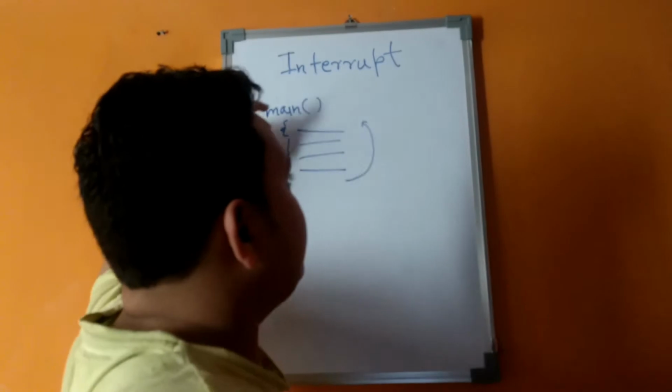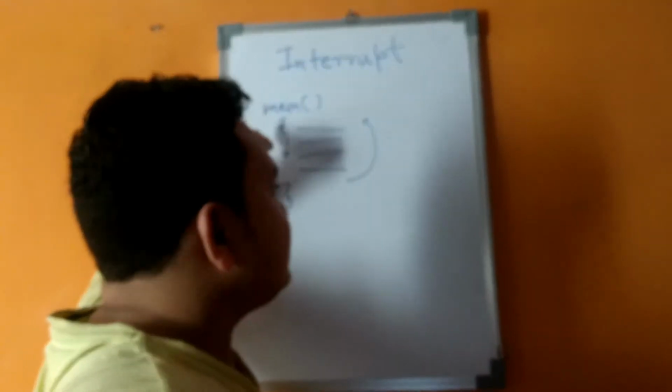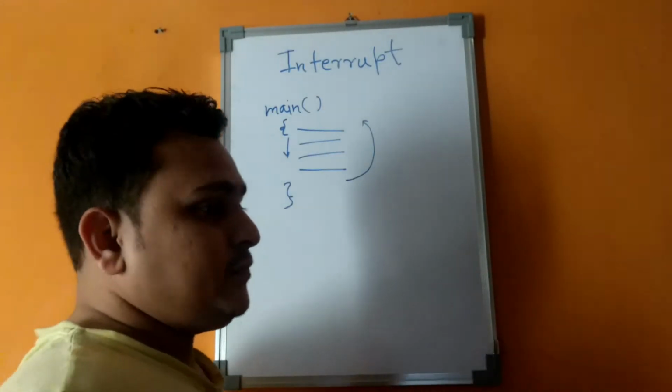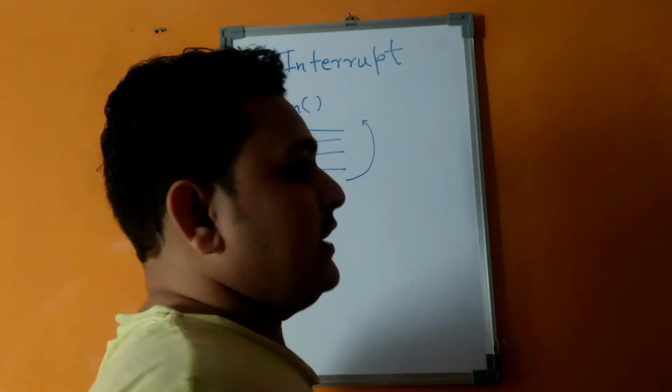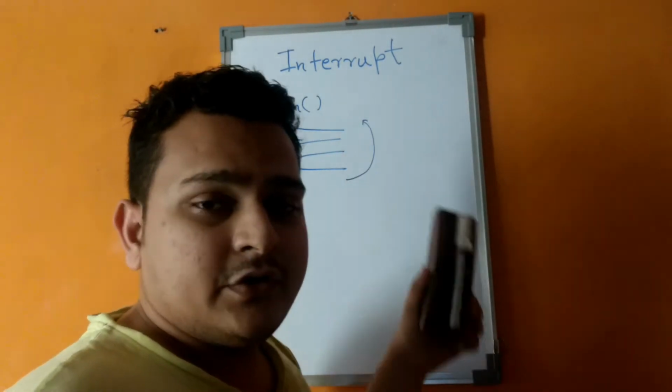So it will keep executing the first line, second line, third line, fourth line, and again go to the first line, second line, third line, fourth line. I have told the compiler to do it in an infinite loop, meaning keep doing 1 2 3 4, 1 2 3 4, 1 2 3 4.